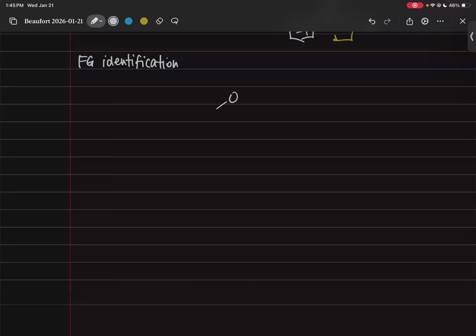Okay, so look at your chart and see how many of those structures you can identify. I'll give you this one first.